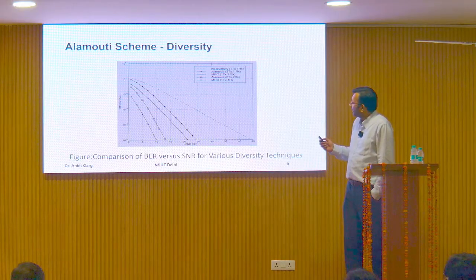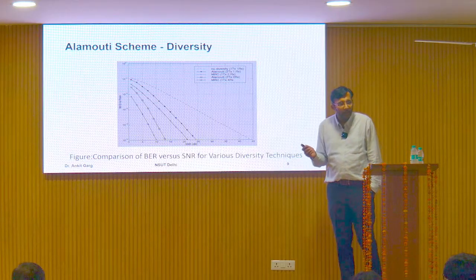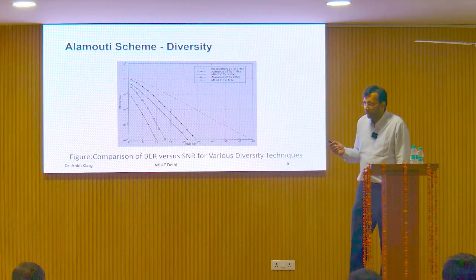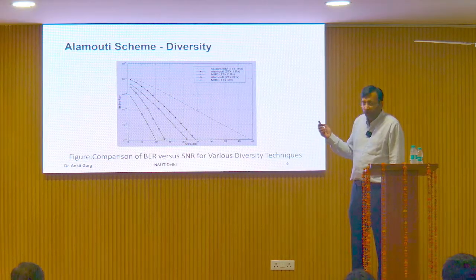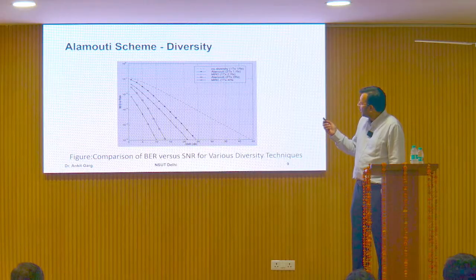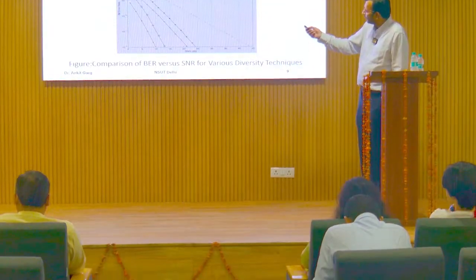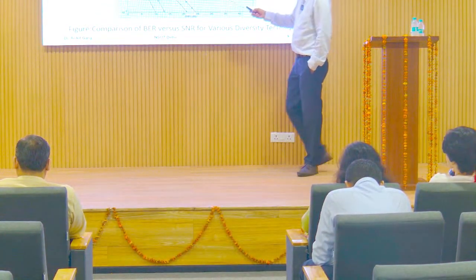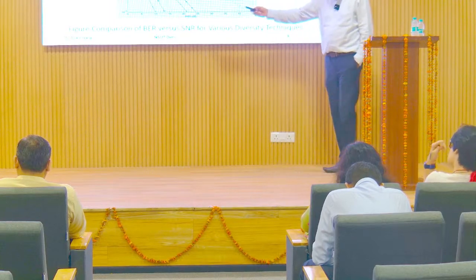Then we have an Alamouti 2x1 system where we don't need any channel state information, right? So it provides the diversity order 2, similar to the MRC and 1x4 system having the slope of 4. So this graph reflects the different diversity orders and the coding gain.